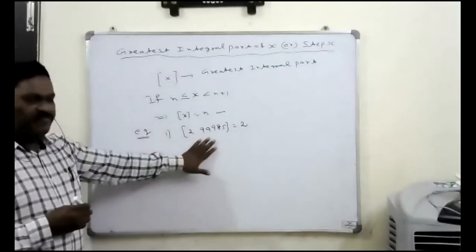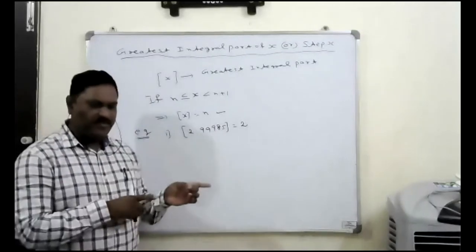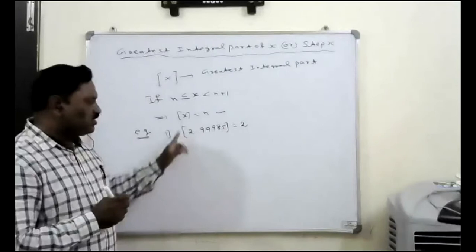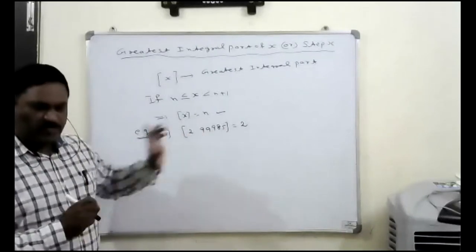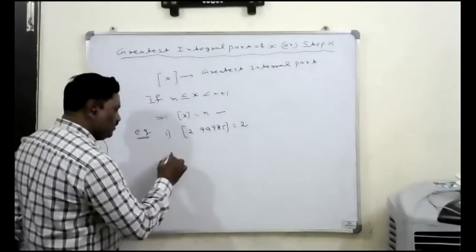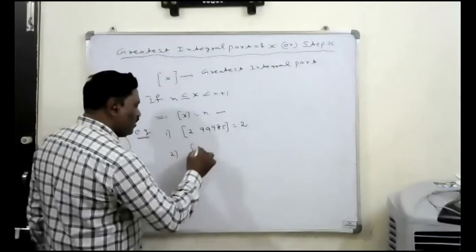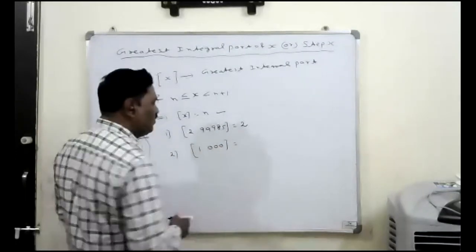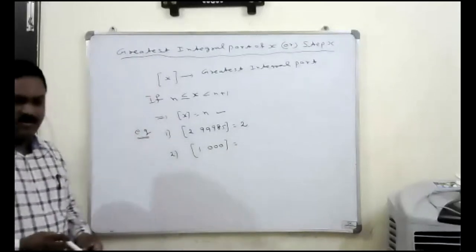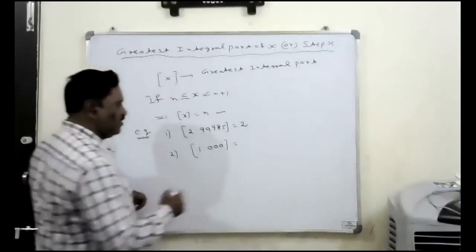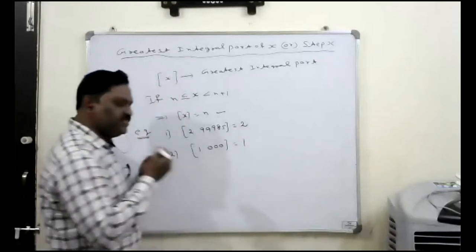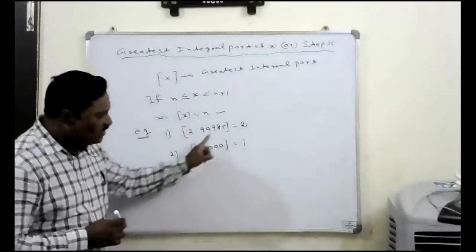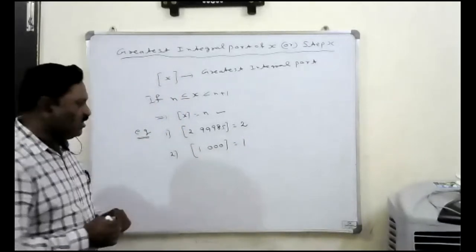Because this value lies between 2 and 3. 2 और 3 बीच में है तो पहले इंटीजर क्या है, 2. That's what it is going to give, 2. Second, integral part of 1.000 क्या देंगे? 1 only. Okay, because the given number itself is an integer, it is going to give the same integer, that is 1 only.